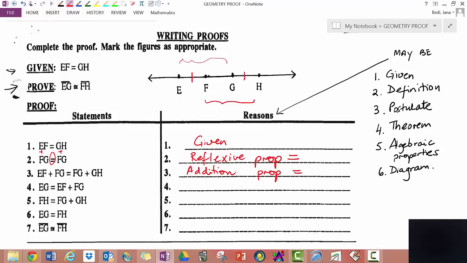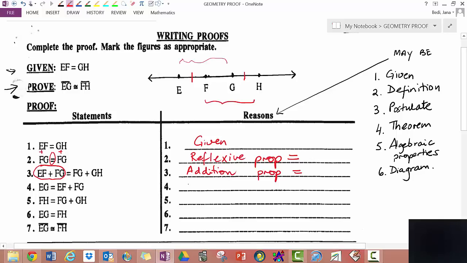Number 4. Now number 4 is interesting. I have learned in geometry that with two collinear adjacent segments, EF plus FG is the same as EG.